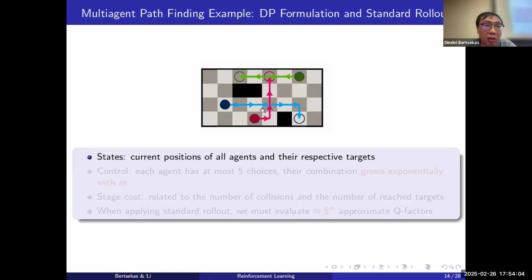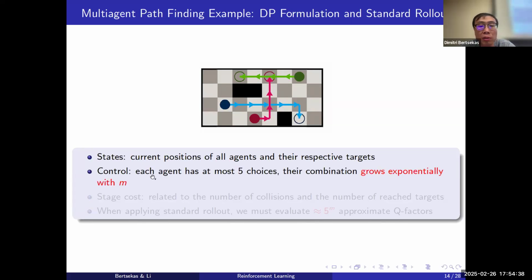Therefore, the dynamic programming formulation applies to this case, and we can consider as state the current location of all the agents, as well as whether or not the target has been reached. So in the current case, it will be the locations of the 3 agents, robots, and their respective targets yet to be reached.